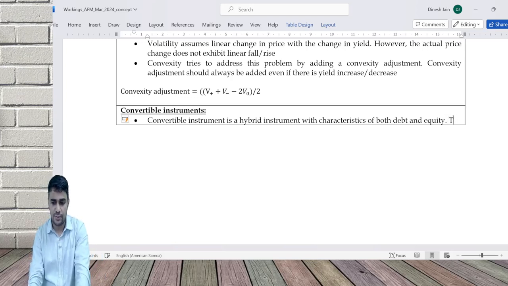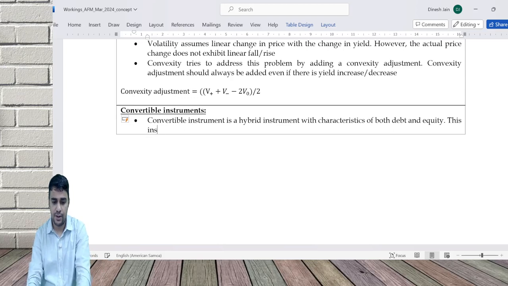This instrument will be converted into a specified number of equity shares.